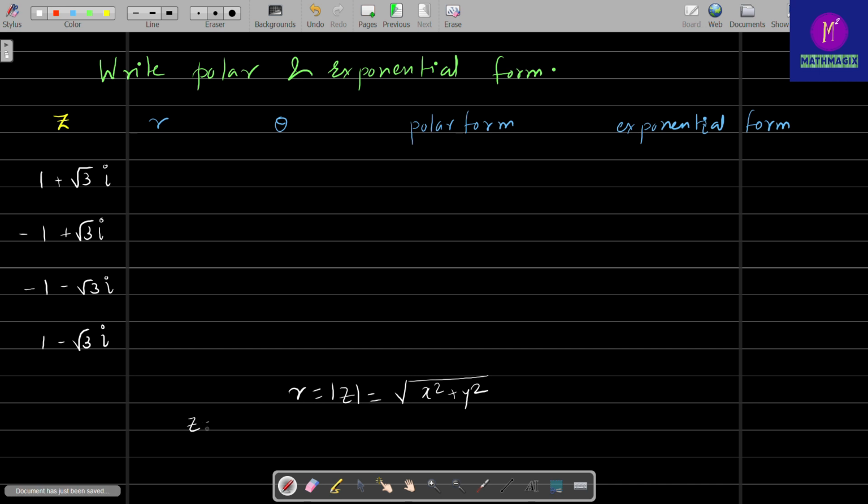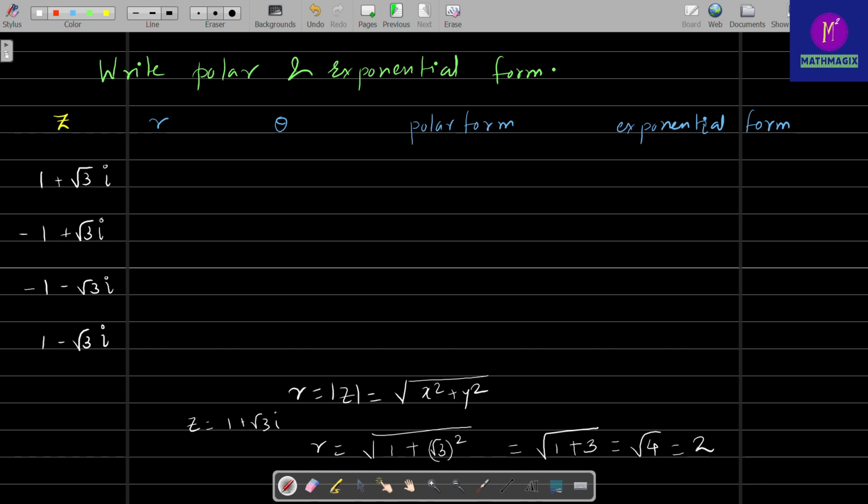So for z is equal to 1 plus root 3i, r is nothing but square root of x square plus y square, that is square root of 1 square, which is 1, and square of root 3. So this is nothing but root of 1 plus 3, that is root of 4. So we will get the answer of r is 2. So here r is 2.